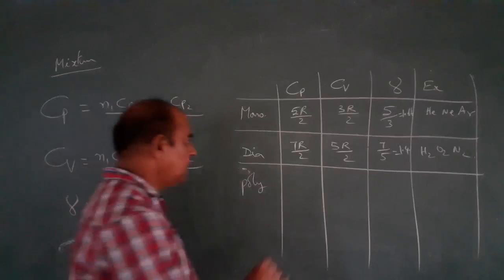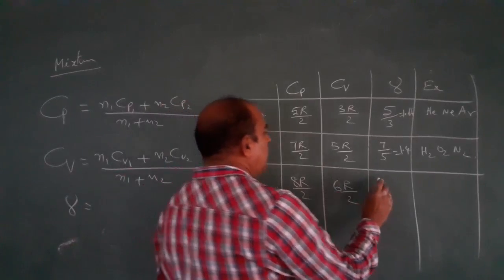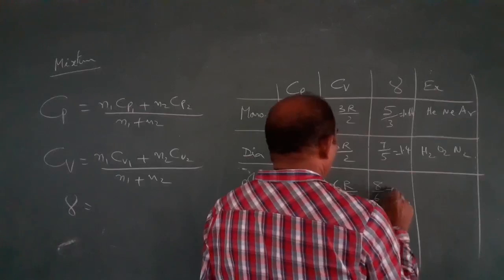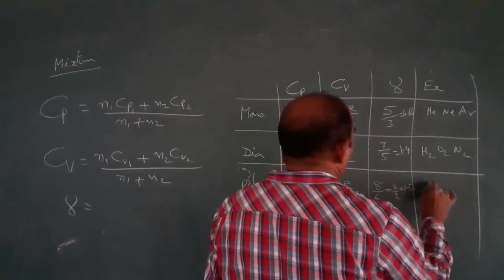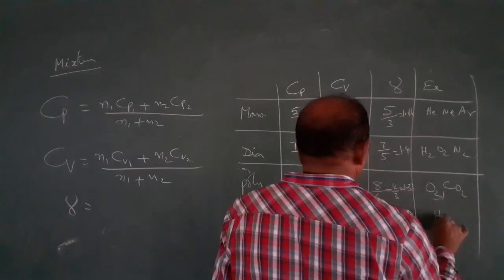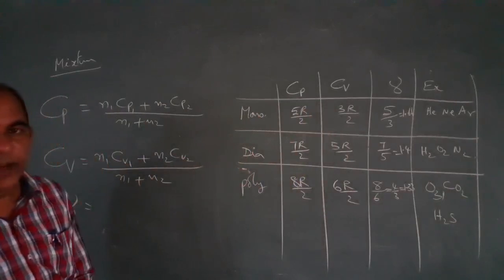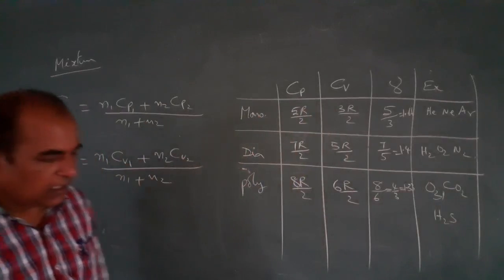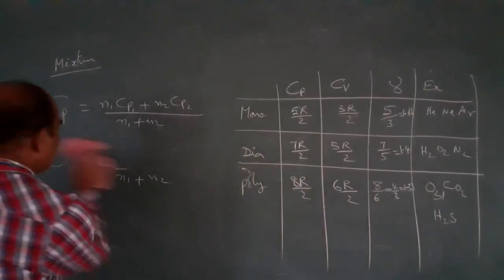Polyatomic gas means 8R by 2, 6R by 2, 8 by 6, that is 4 by 3, that is 1.33, and ozone, carbon dioxide, H2S, etc. These are the examples for polyatomic gas. So gases are three types: monoatomic, diatomic, and polyatomic.